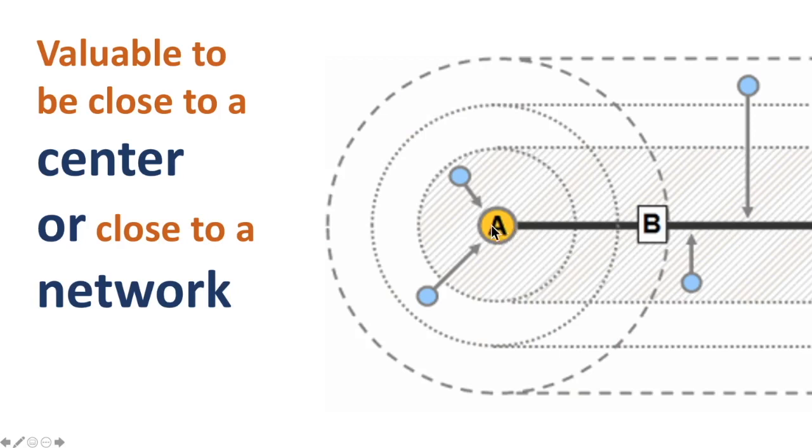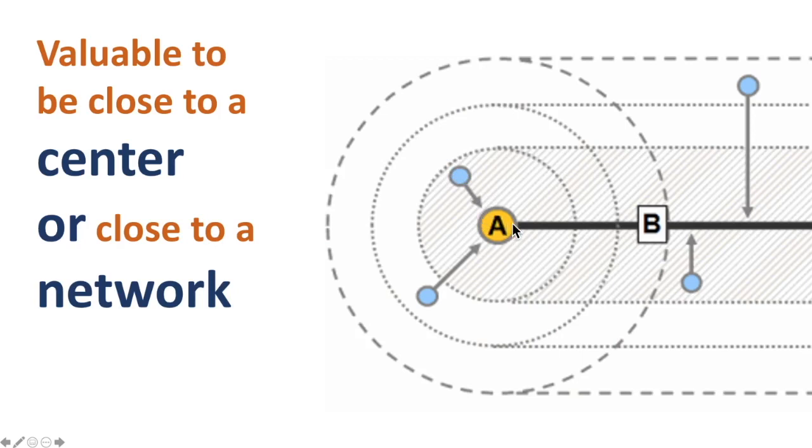So we can imagine how it might be fairly costly to live right close to this point A. And so, we're going to see a lot of demand for living close to the center, close to the central business district, perhaps. And then we'll see a drop off in demand for living close to that place, and accordingly a drop off in price as we get farther away from that central place.